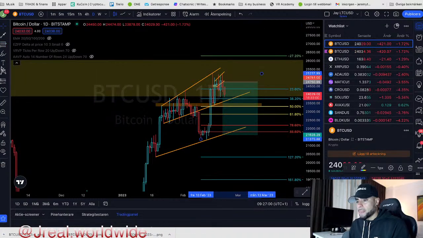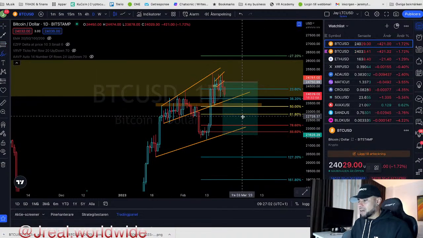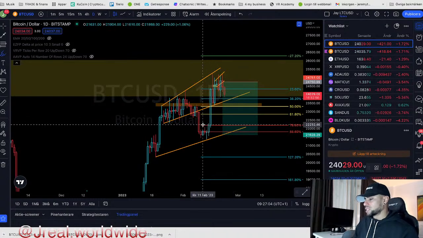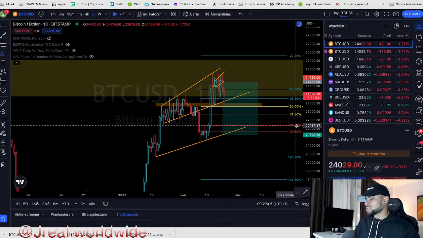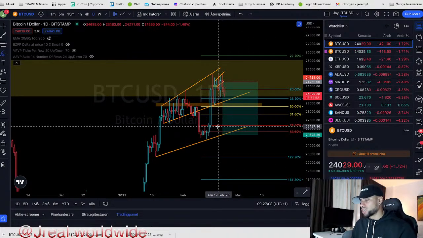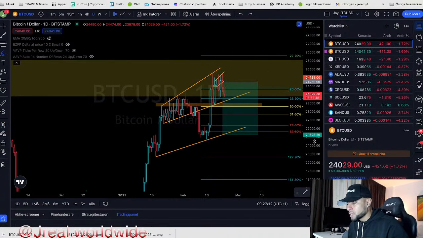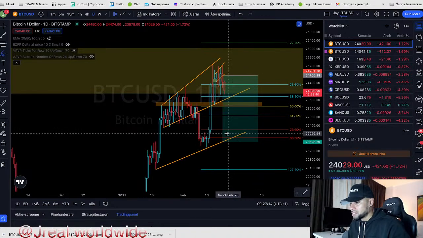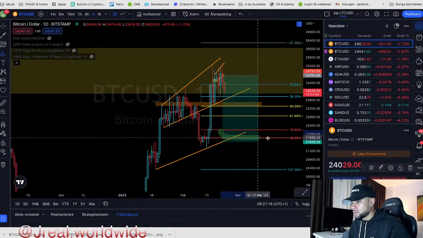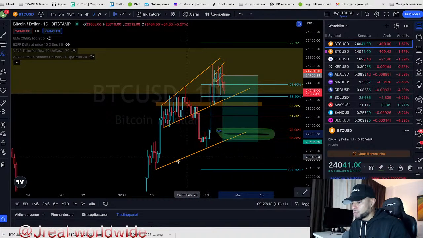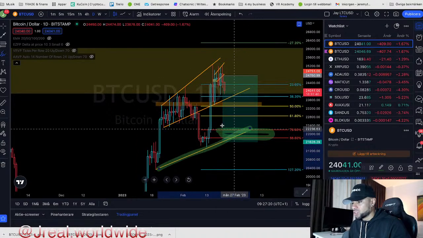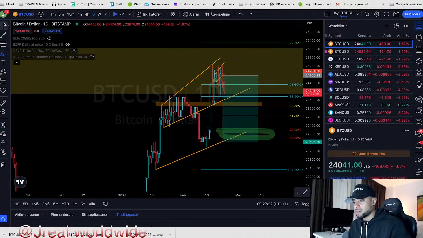As you see, where do we have the demand? Where do I always say the demand is? Between the 78.6 and the 88.6 Fibonacci retracement. That's these two red lines that you see here. Now this demand zone is perfectly confluent with the bottom of this trend here.